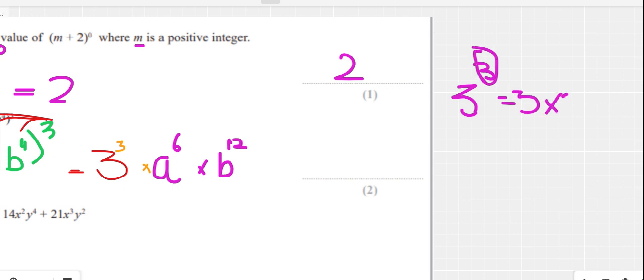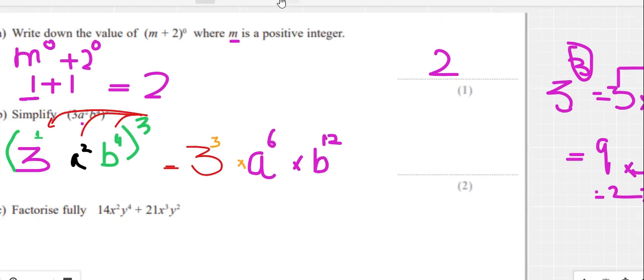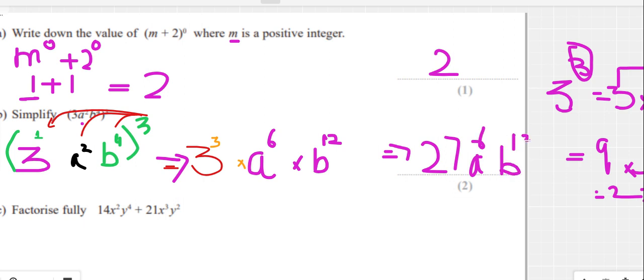The exponent is 3, so 3 times 3 times 3. 3 times 3 is 9, and 9 times 3 is 27. So instead of 3 cube, in the next step I can write 27, then a to the power of 6, b to the power of 12. And this is the final answer.